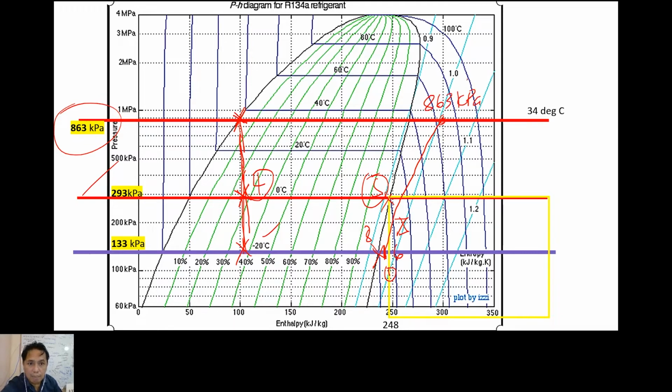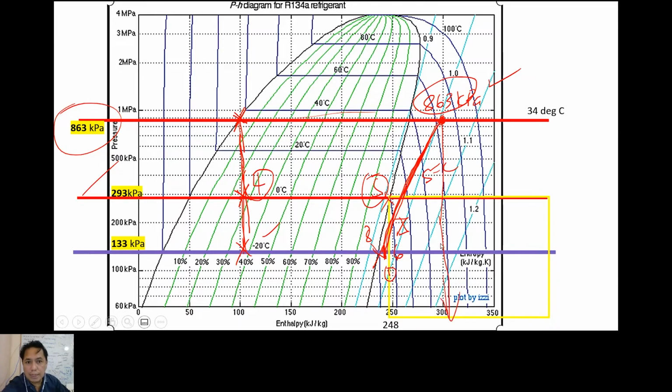If you have a pressure, if you have an entropy, di ba? Ito yung constant entropy line. Constant entropy line between 8 and 6 is 1. You have a constant pressure, and then entropy is constant. You will get this point. Mag-meeting point. Then i-project mo lang pababa, makakakuha ka ng enthalpy.